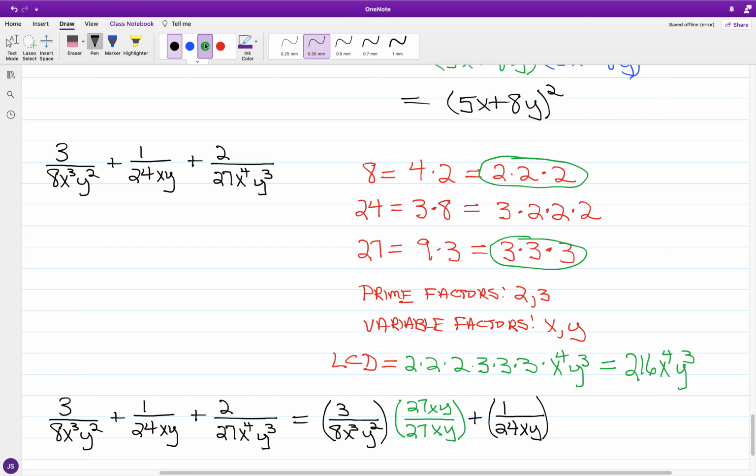For 1 over 24xy, 24 will go into 216 9 times. x into x to the fourth will go x cubed times, and y into y cubed will go y squared times.